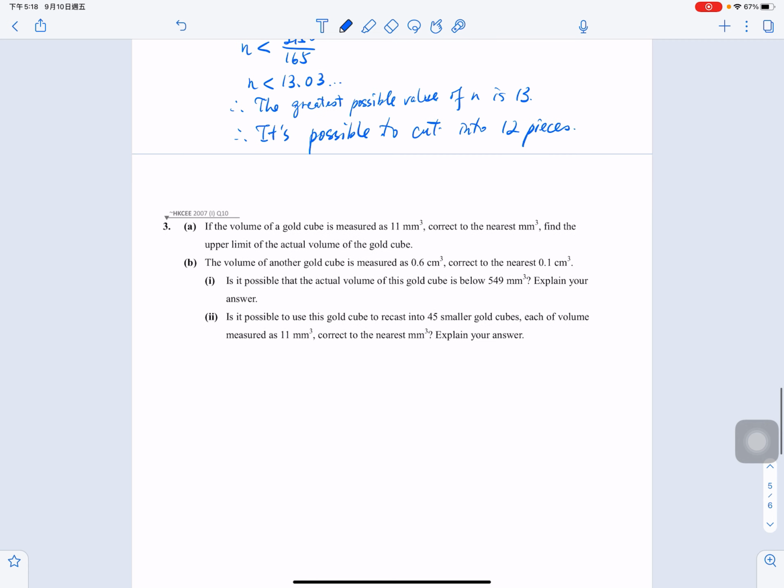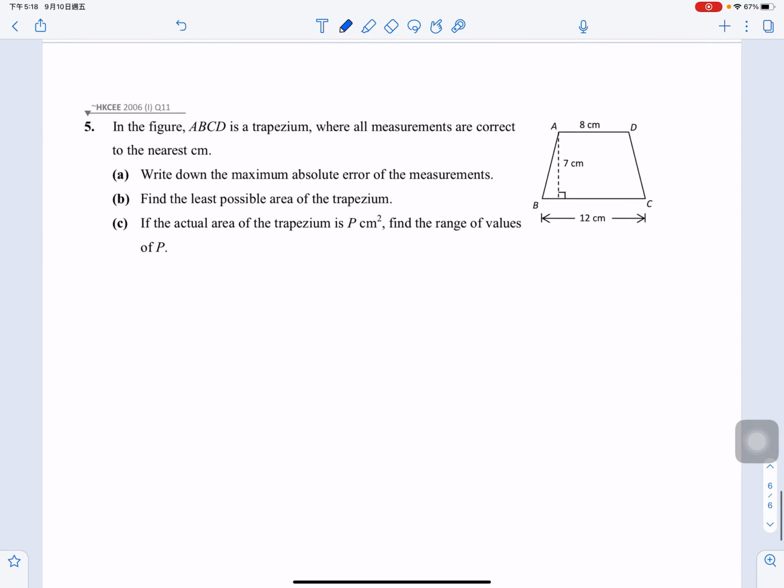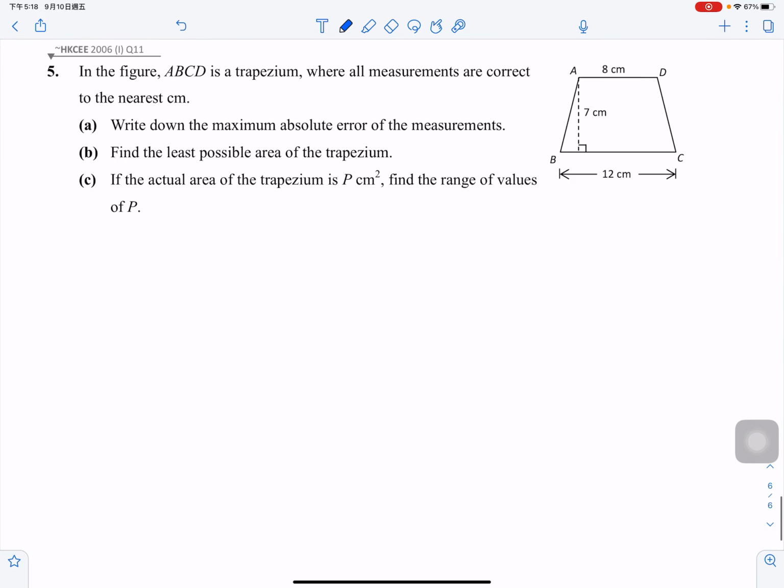Okay, number 3. This question maybe I leave it to you, then you can do it by yourself. And I want you to have a look at the last one. This is the question with the trapezium. Have a look. Now here in the figure, ABCD is a trapezium where all measures are correct to the nearest cm.